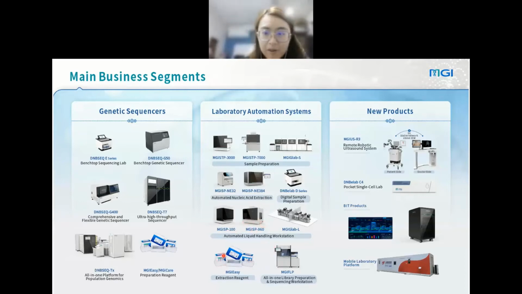And of course, we have our proprietary kits for all these instruments. Then others include the remote robotic ultrasound system and the DNB eLab C4 that I mentioned earlier. This is our pocket single cell lab. It's about the size of a USB pen drive. And then we do have bioinformatics related products and also a mobile laboratory platform.